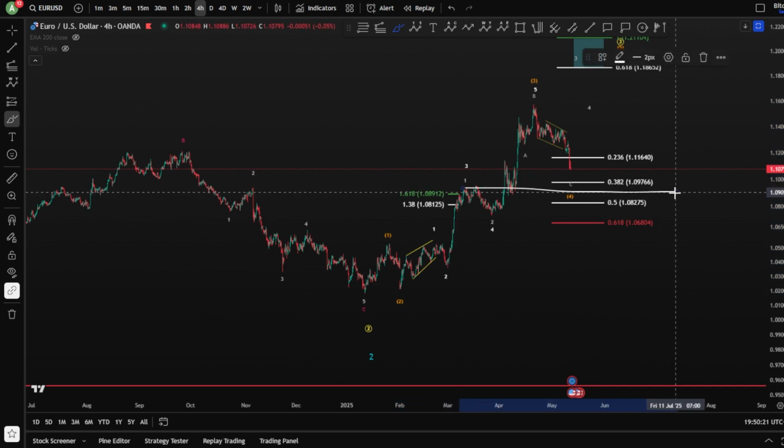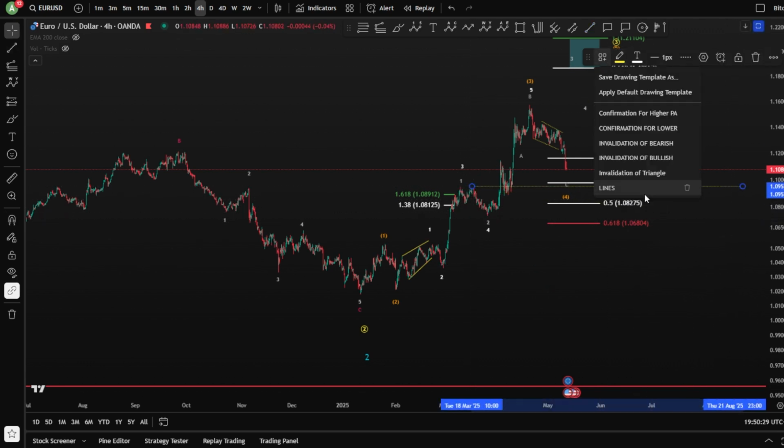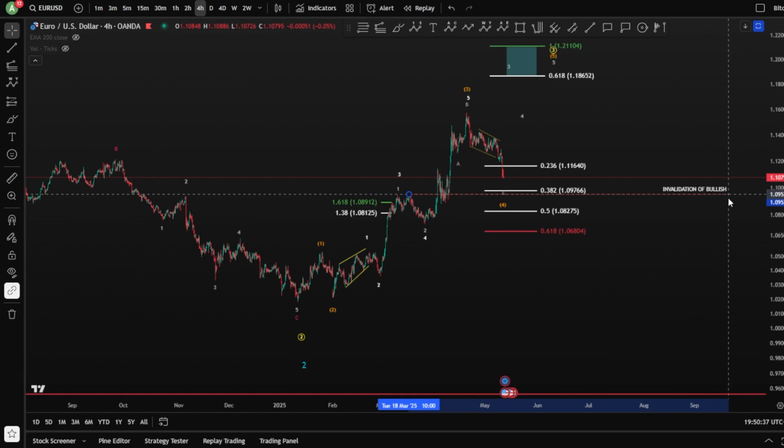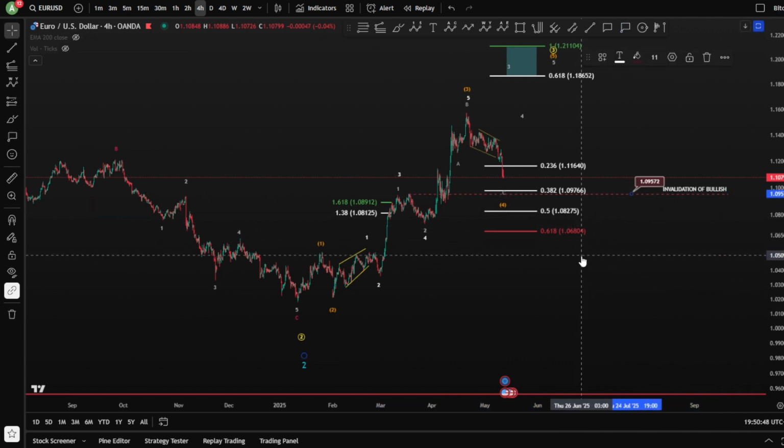So far you don't have any kind of invalidation. It's still, of course, in an impulse. So it is normal to see some red, invalidation of bearish. Until this scenario, if we see the price interfering in this level, what is my price label? $1.09.